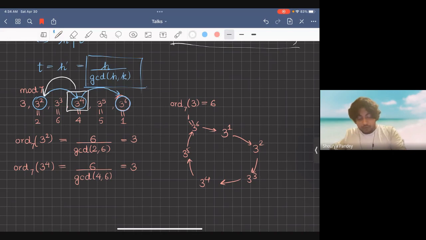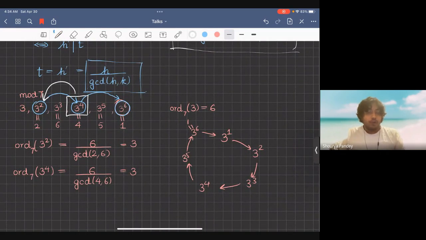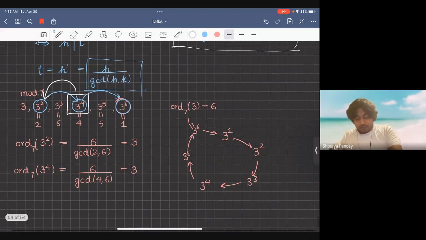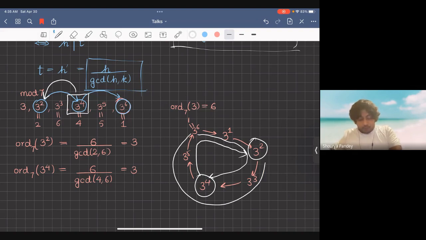If I keep multiplying by 3 to the 4, it's like I'm taking 4 steps on this cycle. I start with 3 to the 0, which is 1, and take 4 steps to get to 3 to the 4. Multiplying again, I take 4 more steps and get here. The next time, I move 4 steps and get to 3 to the 6, which is just 1. And so the order is 3.